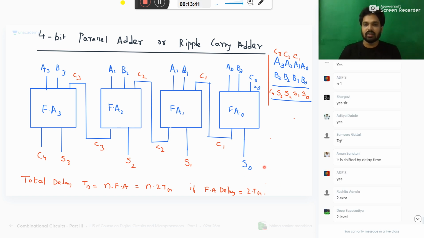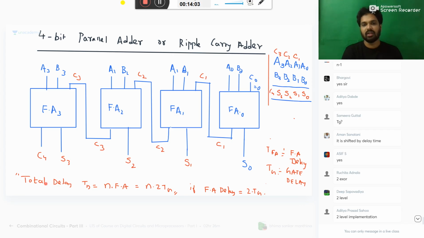What is tg here? Gate delay. What is TFA? Full adder total delay, one full adder delay. Because it is internally 2 levels, you can also take n times 2tg. Internally it is 2 levels.